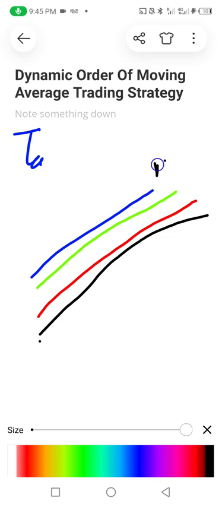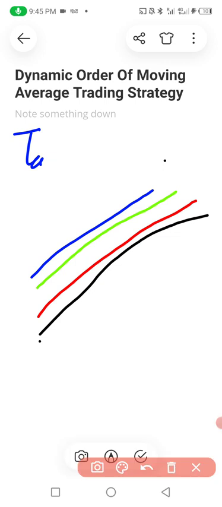Let's tag the period. I'm going to use black. This one is labeled TFA, an arbitrary time frame. And so we have the period.